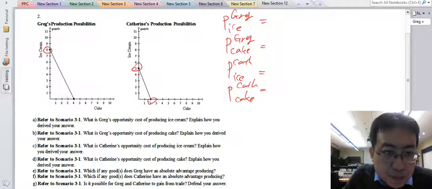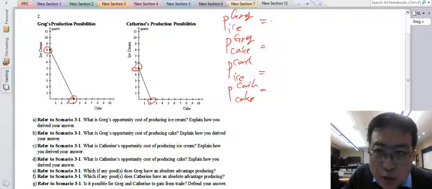So first, let's do Greg. When you're looking for the price of ice cream for Greg, whatever good you're looking for, so looking for the price of ice cream, you put the maximum number of ice cream on the bottom of the fraction. Greg can produce a maximum of 8 ice cream, so 8 goes on the bottom.